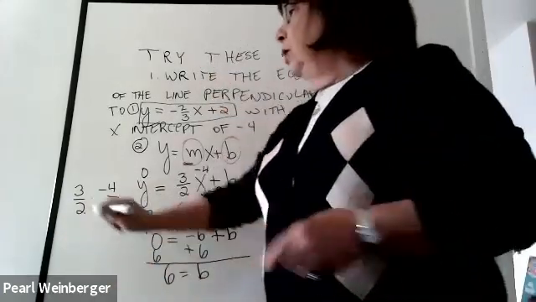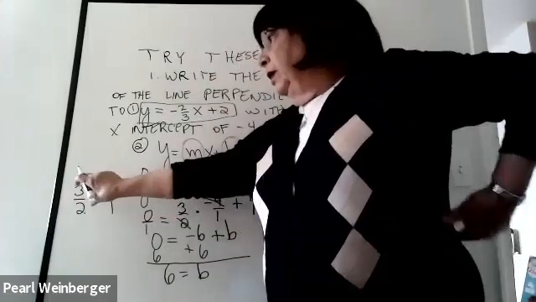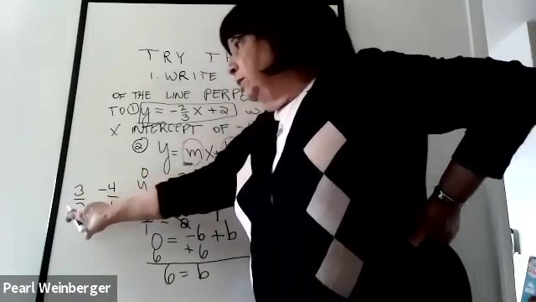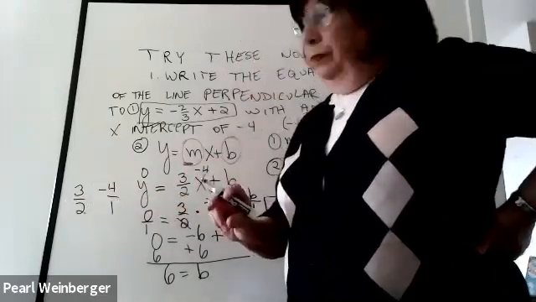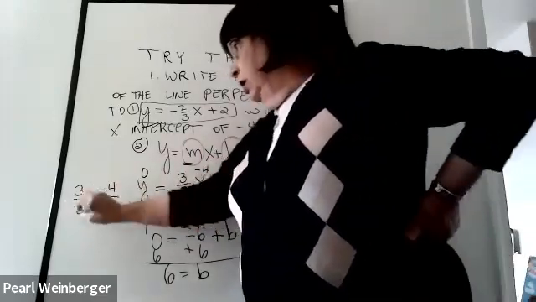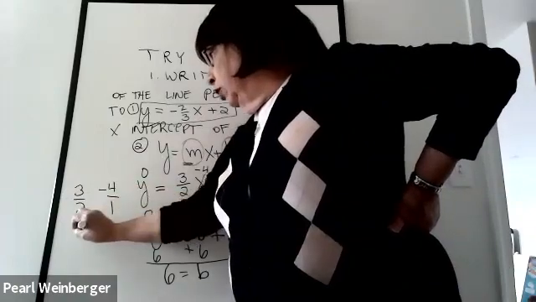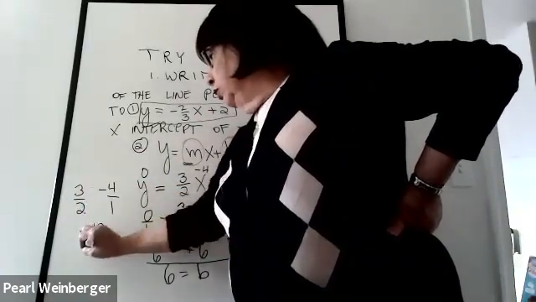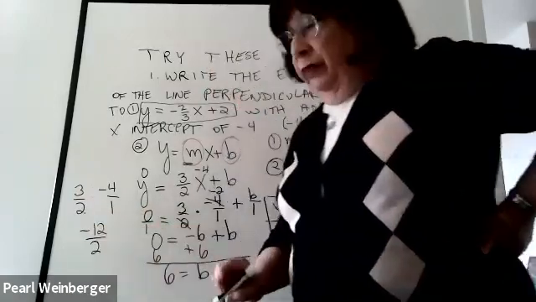When you are multiplying two fractions, the rule is to multiply the tops together and to multiply the bottoms together, which gives you 3 times -4, which is -12, over 2 times 1, which is 2, correct?